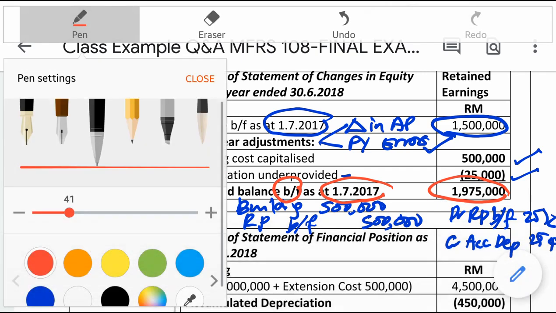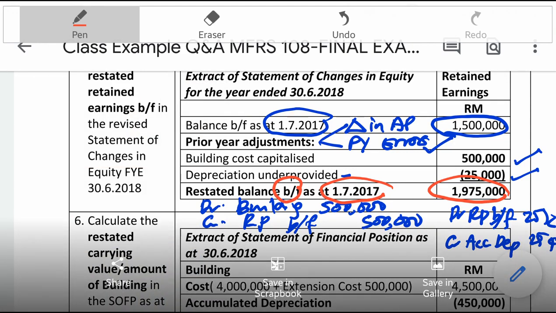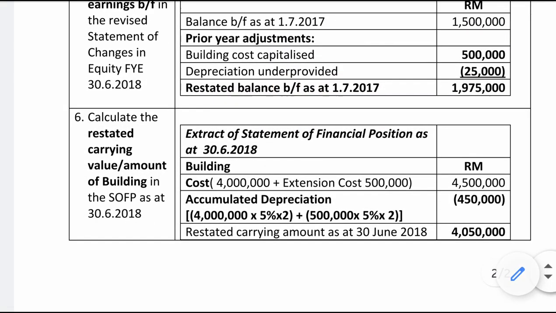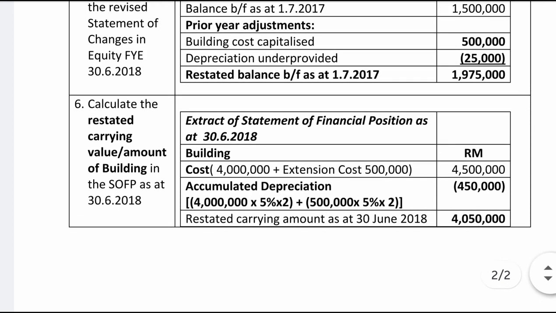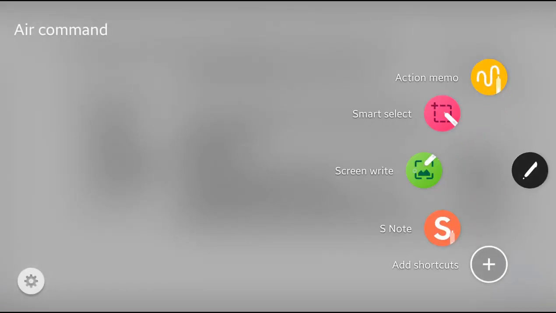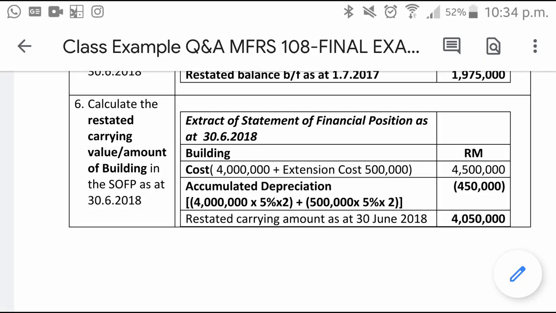Next is to look at the effect in the statement of financial position. So if you look at the statement of financial position, the effect here is affecting the PPE item.